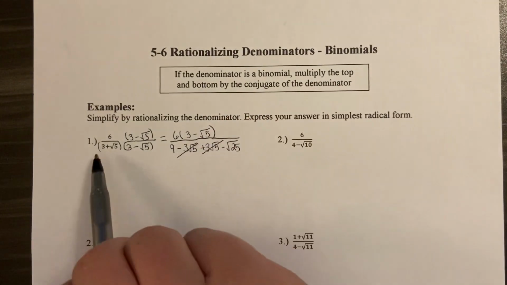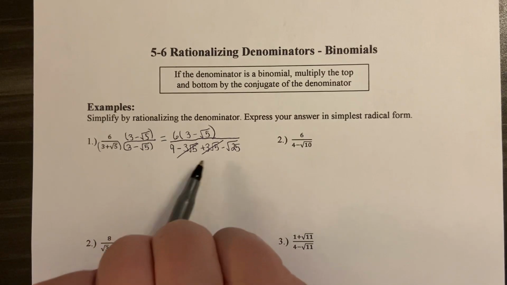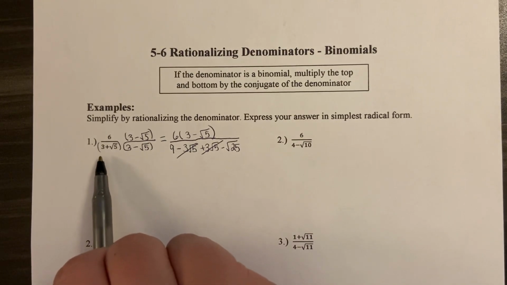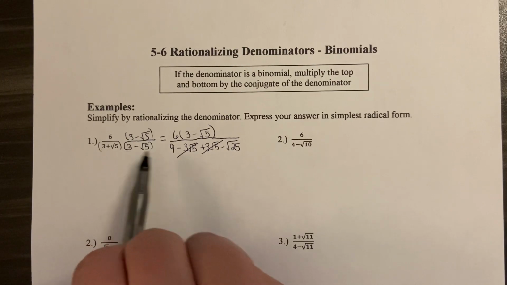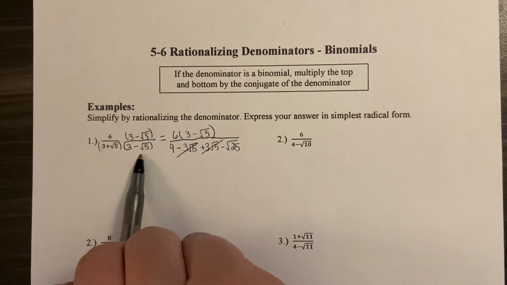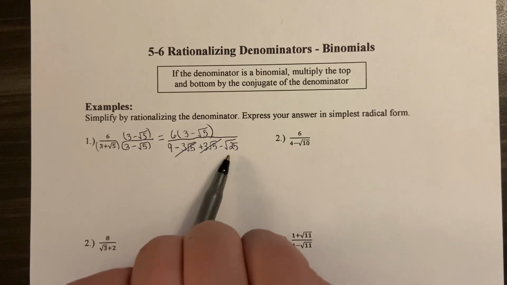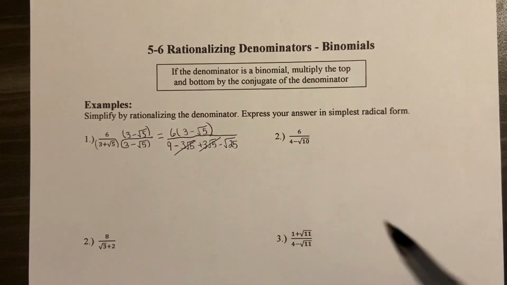Since they are the exact same terms, just different signs, these middle terms always cancel. So really every time, all you have to do is 3 times 3, which is 9. And then radical 5 times radical 5 will just give you a 5. And since it's plus minus, it's going to be a negative 5 there.